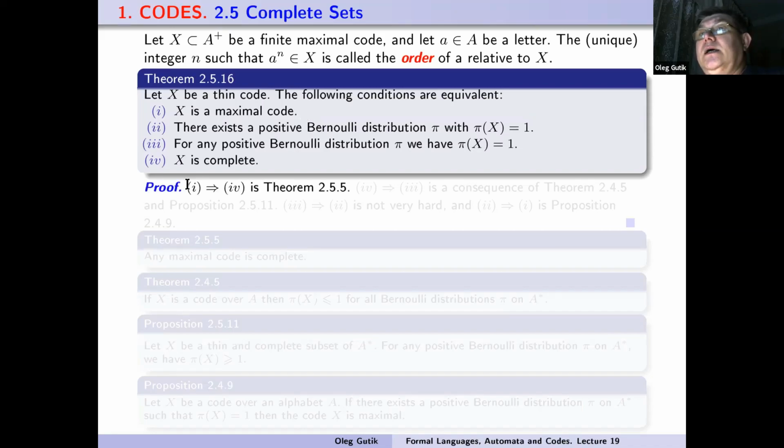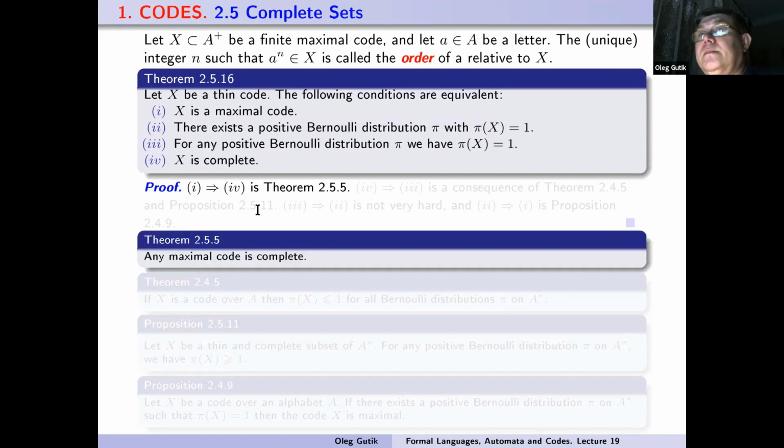Proof. The implication from statement 1 to statement 4 is Theorem 2.5.5, that any maximal code is complete. The implication from statement 4 to statement 3 is a consequence of Theorem 2.4.5 and Proposition 2.5.11.